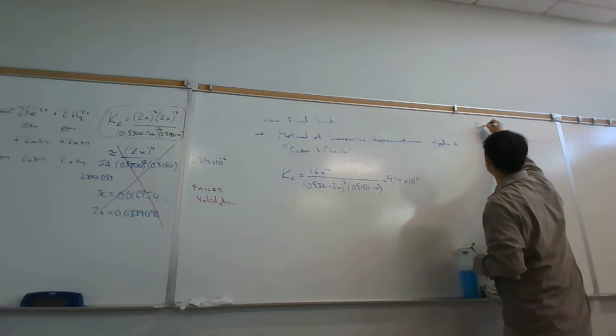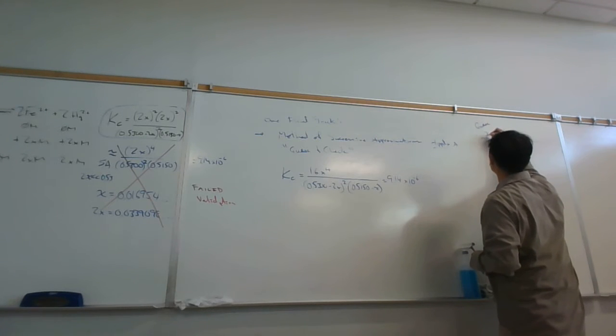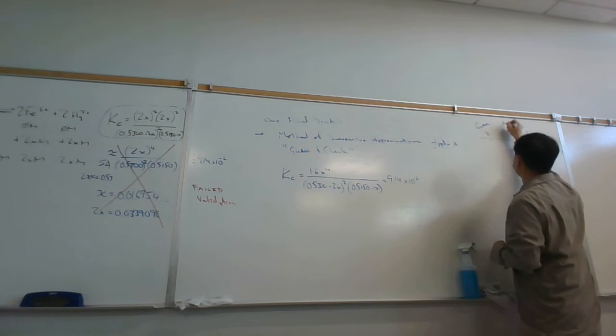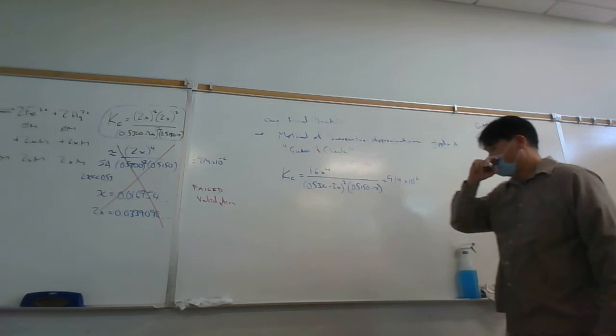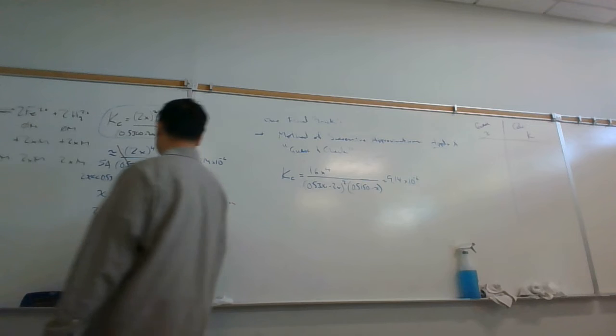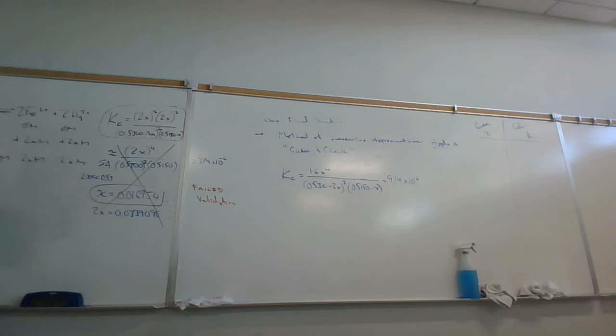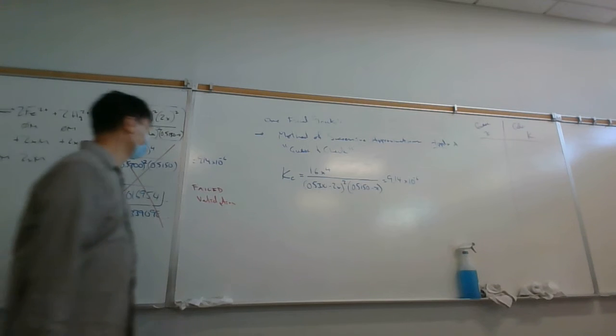Guess an x, and then calculate K. The first x that we're going to guess is just this one. This was kind of close, I mean, it was 6%. But I don't want to go too many sig figs because that's a lot of work in the calculator.